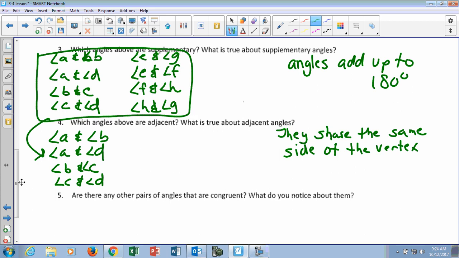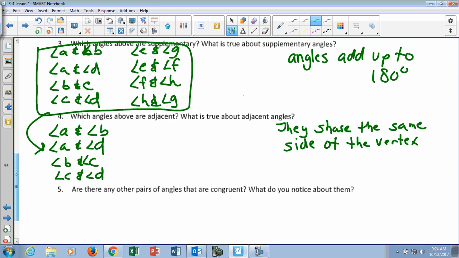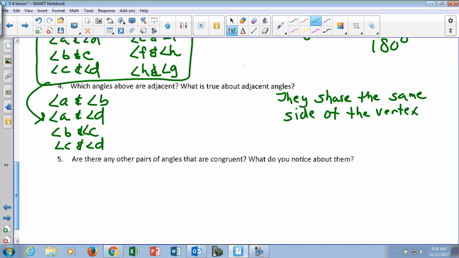Now think about this. So we've talked about angles that are adjacent, supplementary, vertical. Are there any other angles that are congruent? Remember we filled in that top with all the angles. Think about the vertical angles.